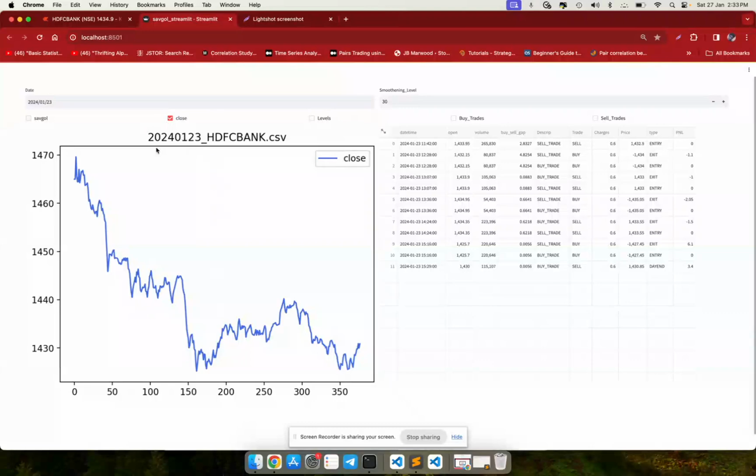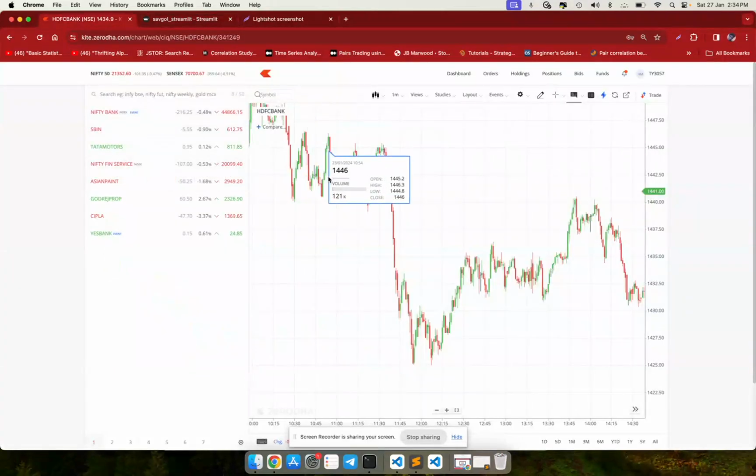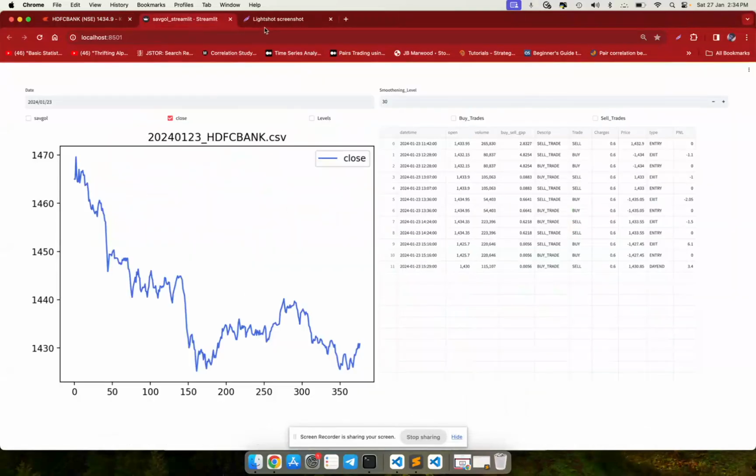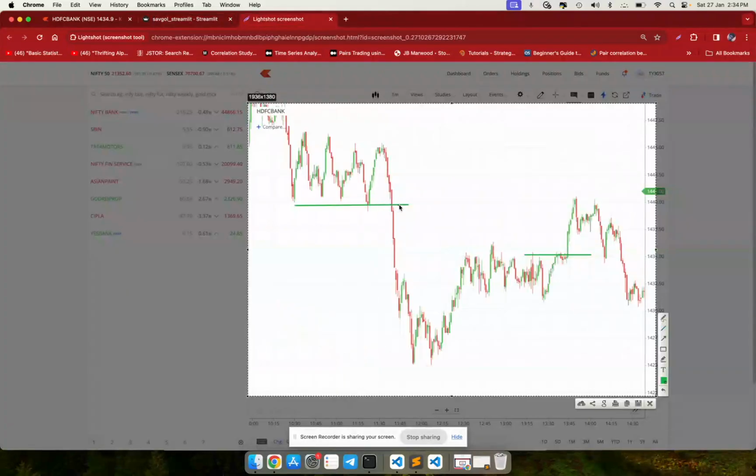What I've done with this is, for the breakouts, the program should be able to find some minima and maxima which it considers as breakouts. Now, the strategy that I have in mind is, if the breakout happens here, let us say the stock has breached this level and broken out, then our stop loss level will be here.